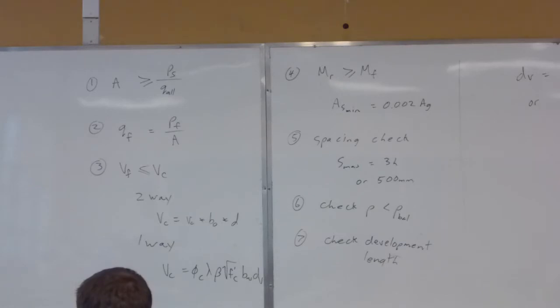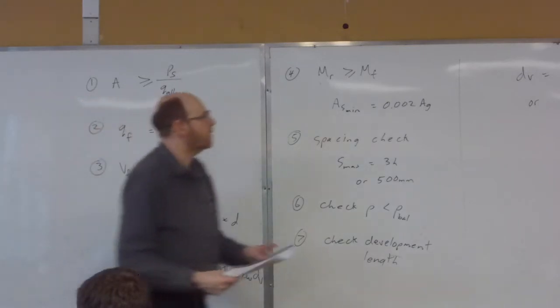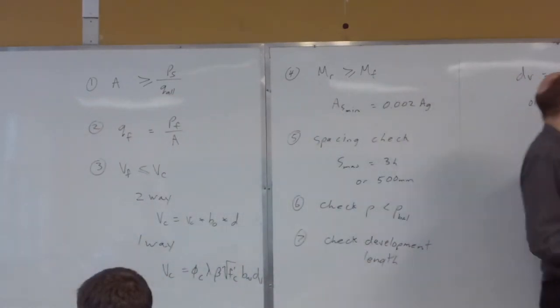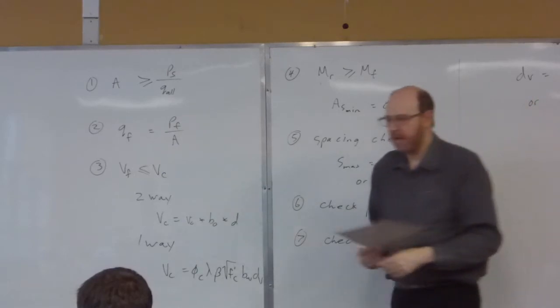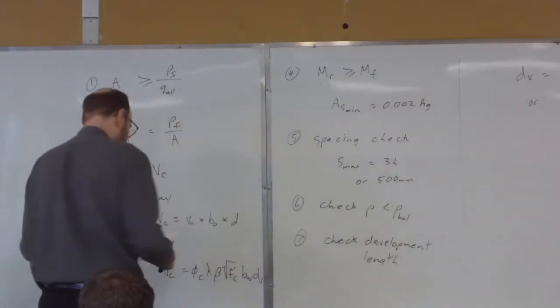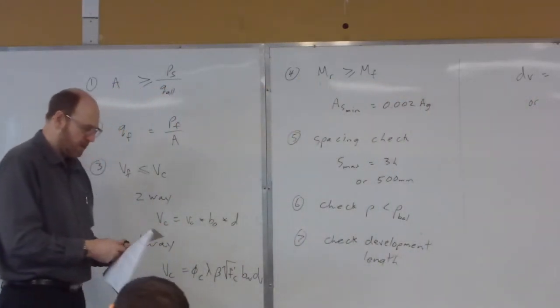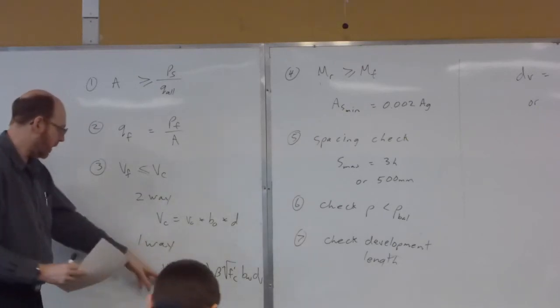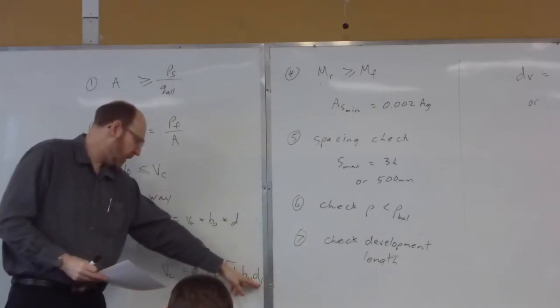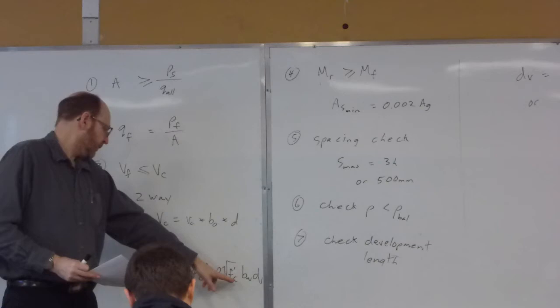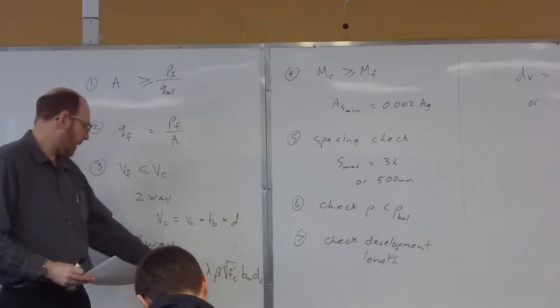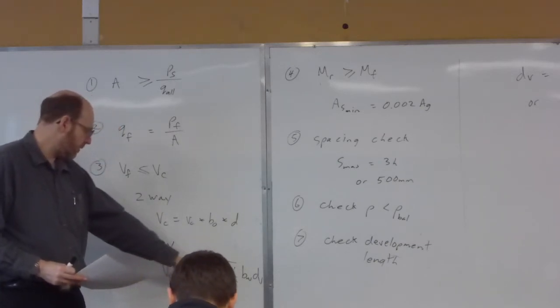Okay, so we're going to do our one-way shear calculation. We've now got a value for dv. Again, our 495 governs, so we can use that, 0.5 as an approximate value, close enough. So we plug into our calculation here. dv we now know, Vf we know, f'c we know, our phi factor and lambda as well.